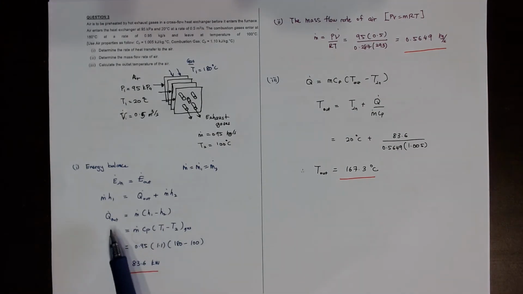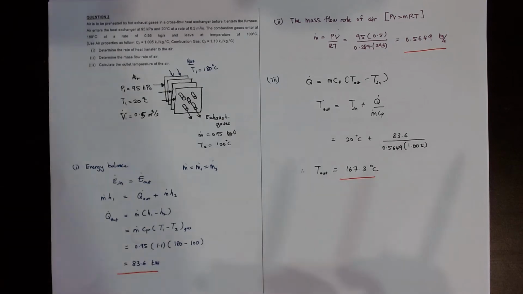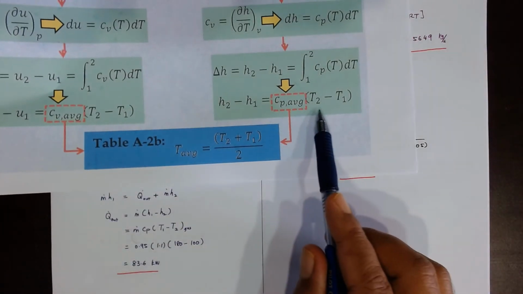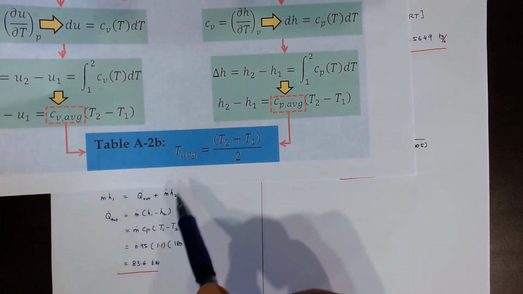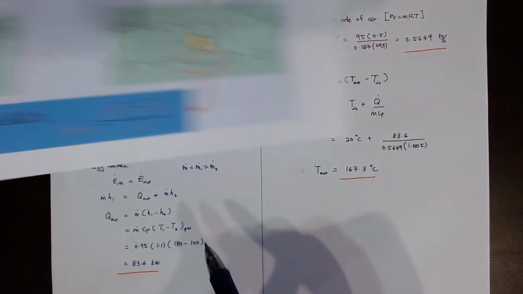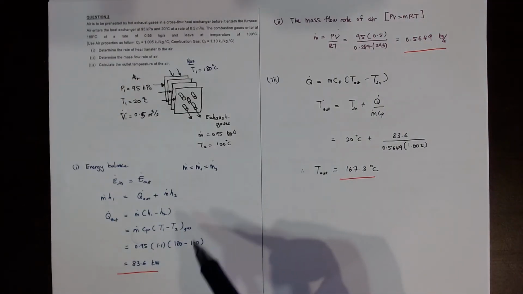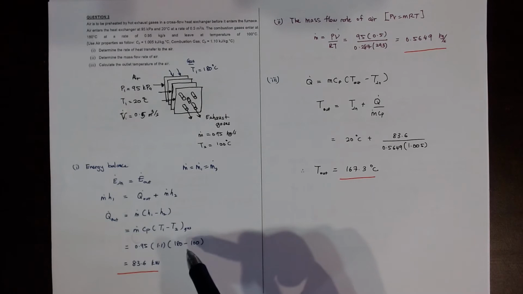Right, so rearrange the equation: m dot times (h1 minus h2). Remember that for an ideal gas, instead of h2 minus h1, we can use Cp times (T2 minus T1). Now you might be asking, why don't we convert into Kelvin?